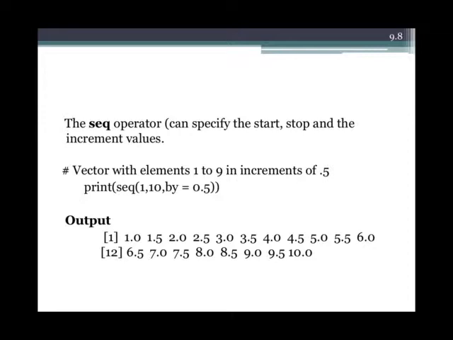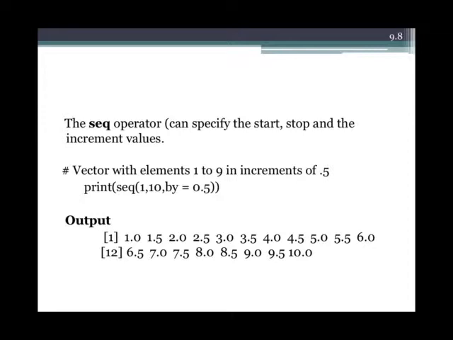There is another function called seq, which can specify the start, stop, and the increment values. In the earlier example, the increments are all in steps of 1, unity. So here we can specify the step size.